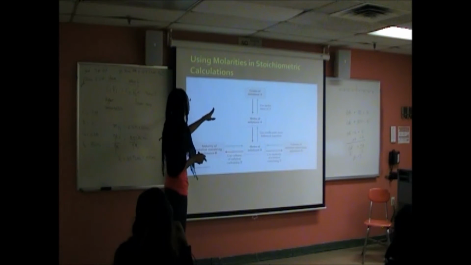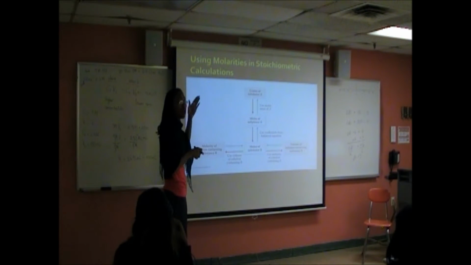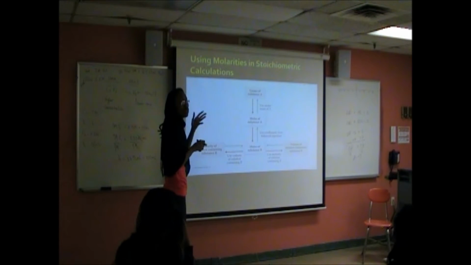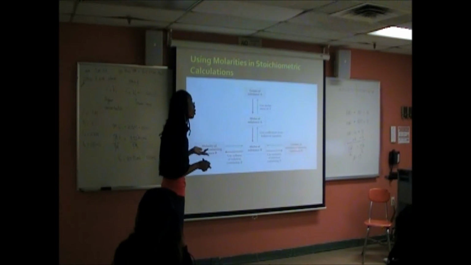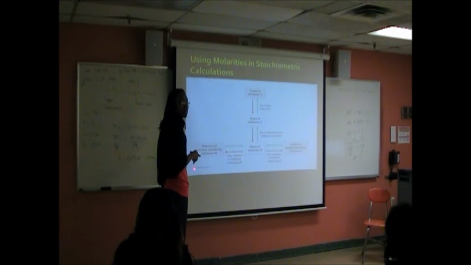Same thing we've always done: if you're given grams, you must find moles. From the moles of one reactant, you can use stoichiometry to get the moles of the other reactant. Then you can go to volume or to molarity.